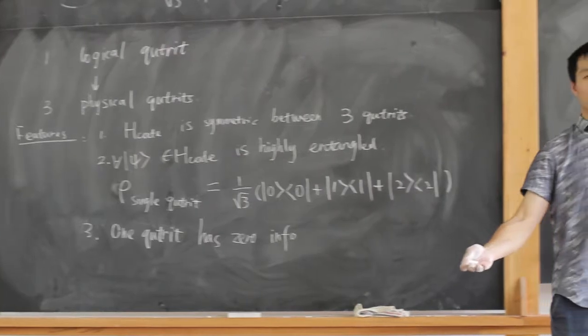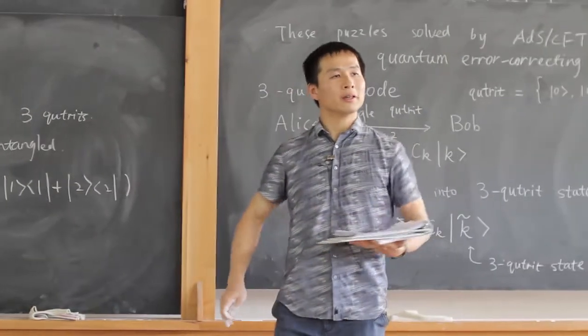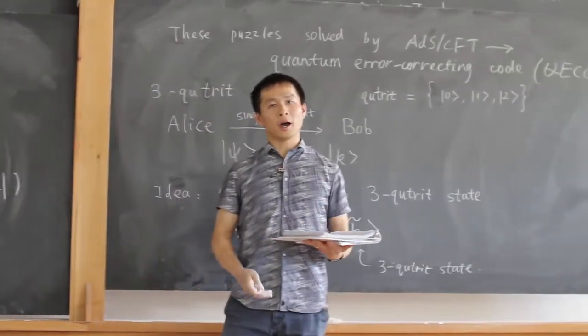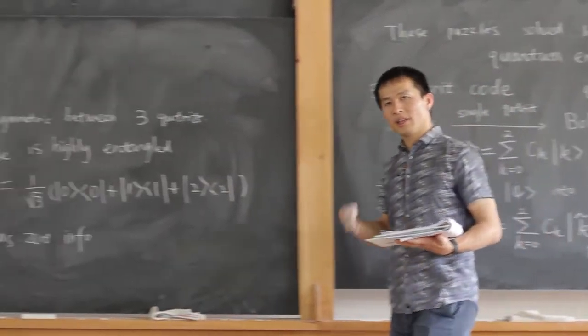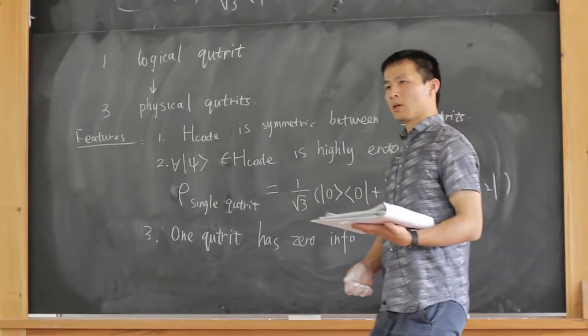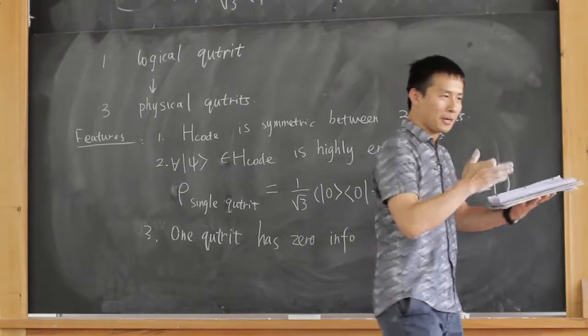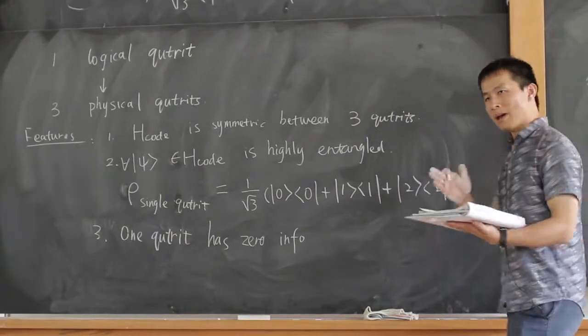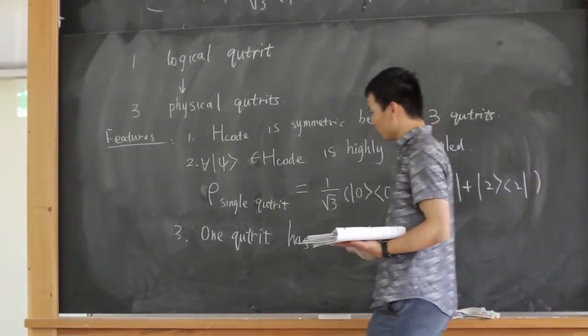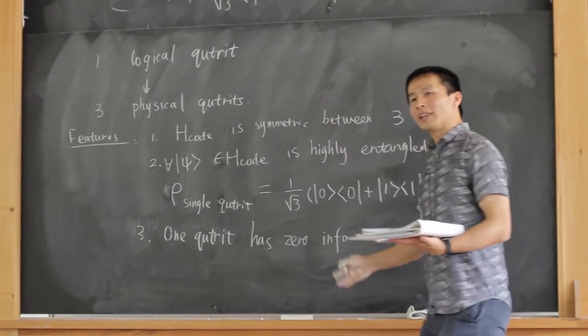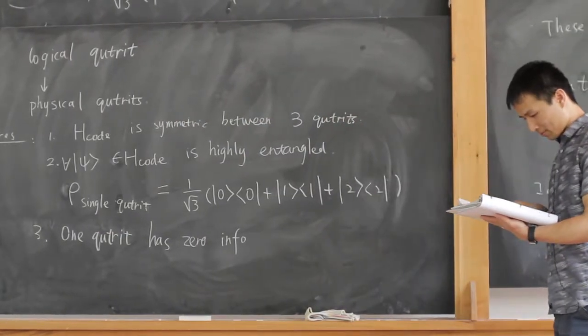Because the state is maximally mixed and independent of what the underlying encoded message is, there's nothing someone peeping into the state just by looking at one of the 3 qubits can get out of it.